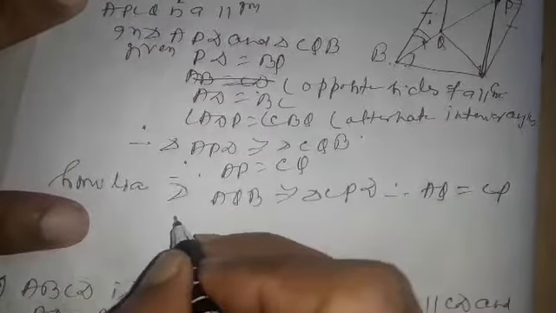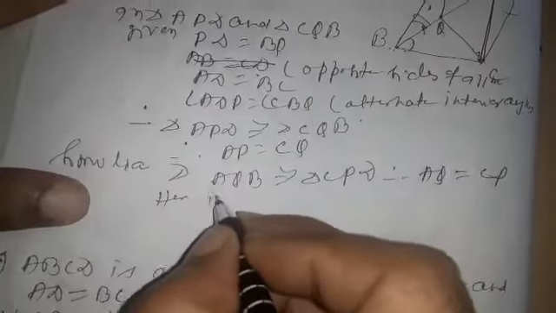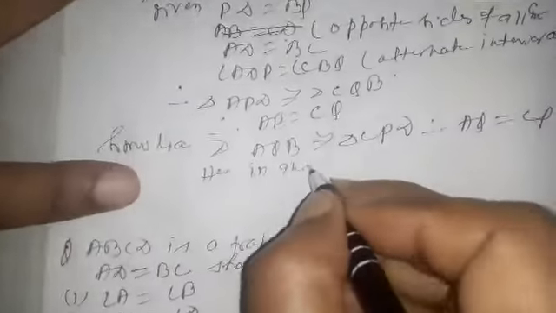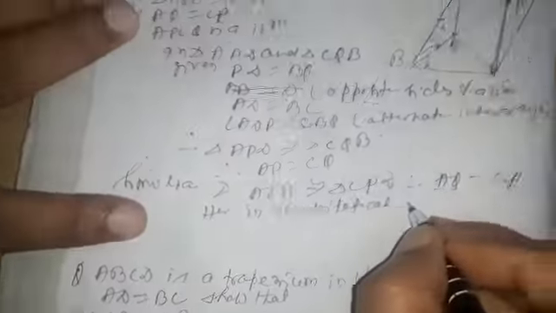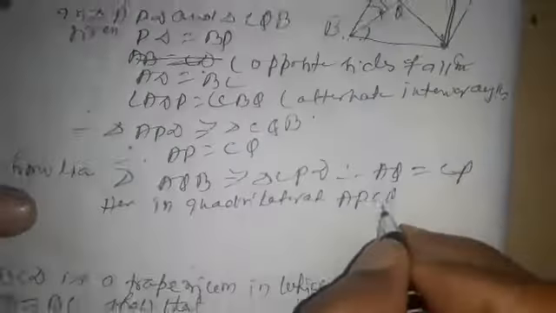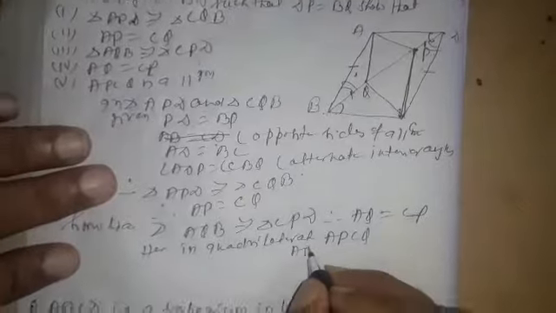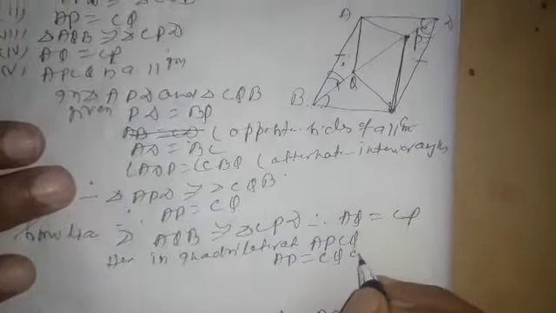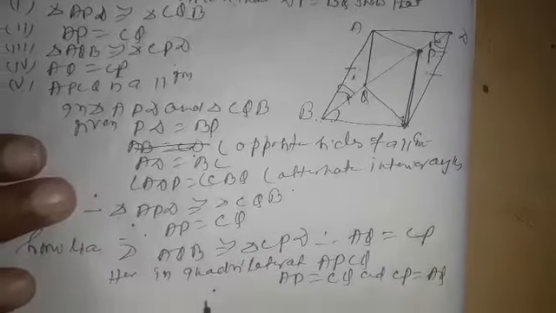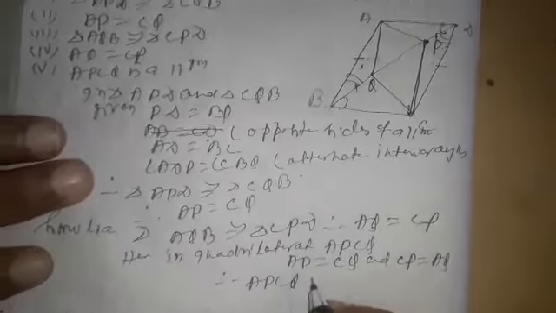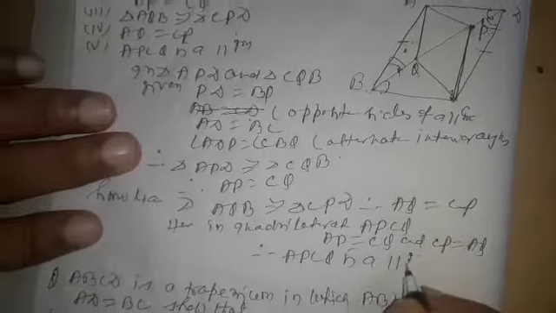So here in quadrilateral APCQ, AP is equal to CQ and CP is equal to AQ, therefore APCQ is a parallelogram.